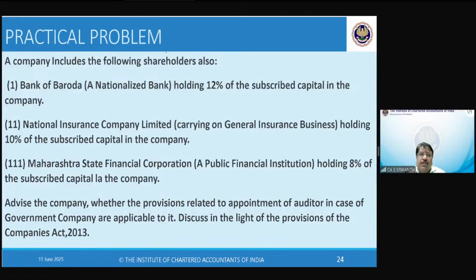No, sir, as the condition is that 51% is not held by a combination of CG and others. Correct. Absolutely correct. Ms. P is correct. This is not a government company. It has not held 51% of shares. Yes, correct. Board of directors can appoint. So your answer should be about 5 lines. Wonderful.